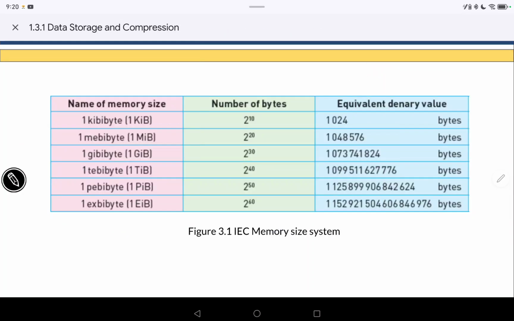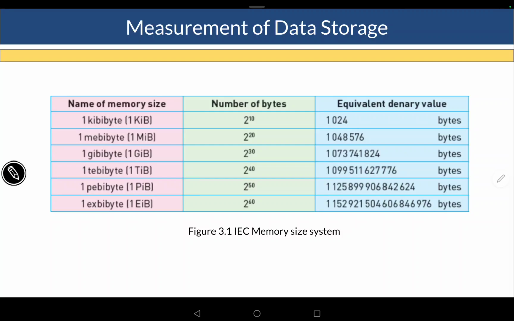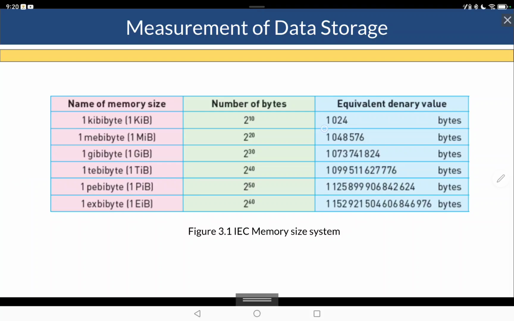Now let's look at the memory size system in a computer. Instead of always saying the memory size of a file in bytes, like 1024 or 1,048,576, these numbers are difficult to remember.